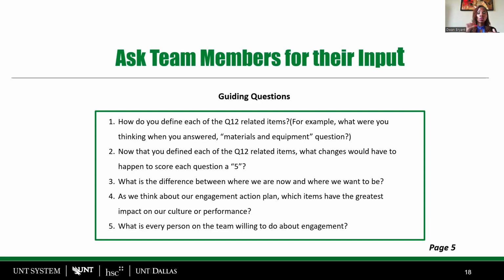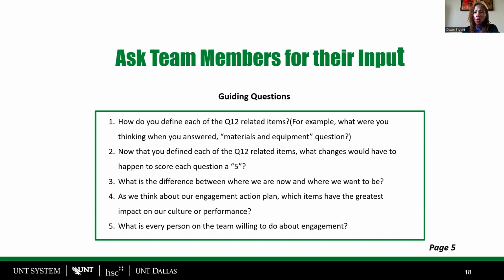And so you want to make sure that you're documenting some of the answers, so you'll be able to apply that to the engagement action plan when you think about specific actions that you can take to improve in that area. So you want to make sure that you don't discount anyone's answer, and think about how that feedback can really advance the outcomes of where you're trying to go and changing your engagement narrative.